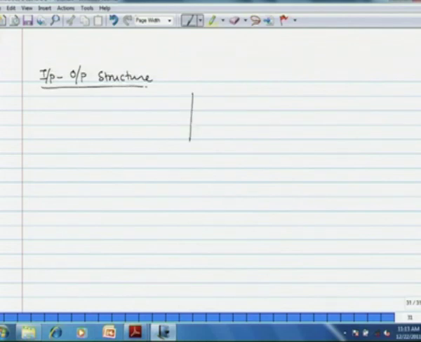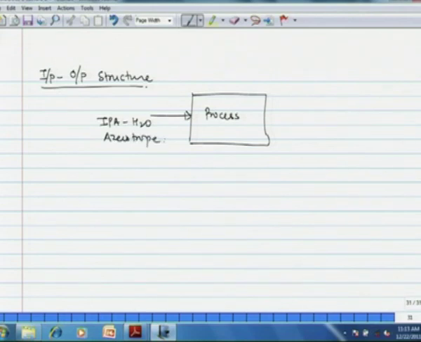We have a process in which there is only one feed stream, that is the isopropanol water azeotrope, and then there are three products. First is the main product acetone, then hydrogen, and some water will come out. Now, how we shall see in a few minutes.